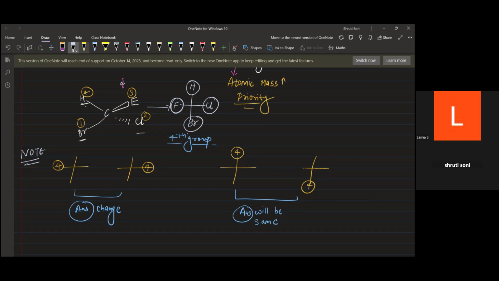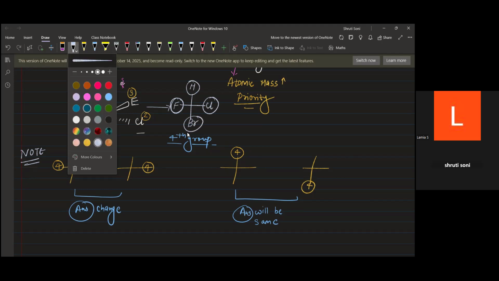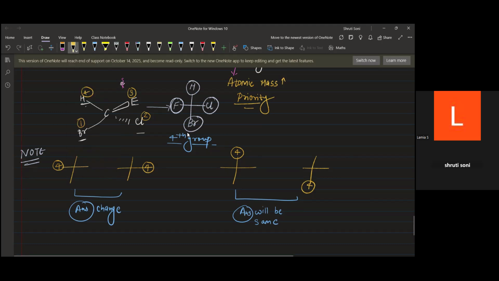Any doubt up to now? No. Okay. And bromine has the first position, then chlorine, then fluorine third, and this will be the fourth one.